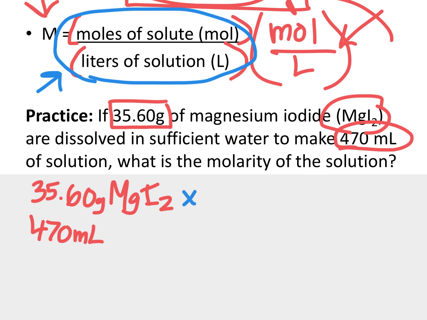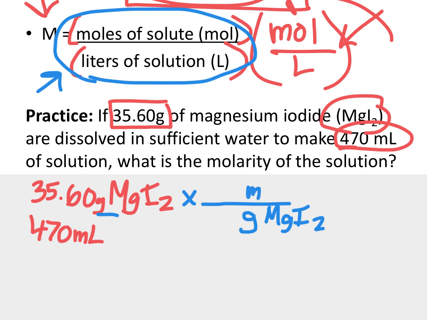First thing I'm going to do is take my grams of solute and convert it back into moles of solute. We're going to use our mole map once again. If I'm going from mass A to mole A, I'm going to put grams of the substance on the bottom, and we know to do that because the grams up on top are going to cancel with the grams down at the bottom.